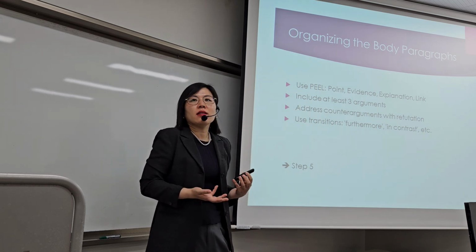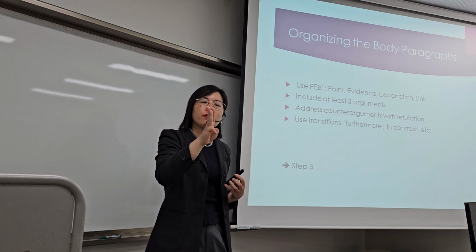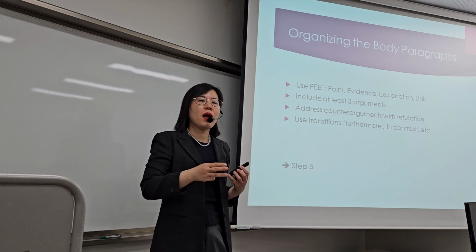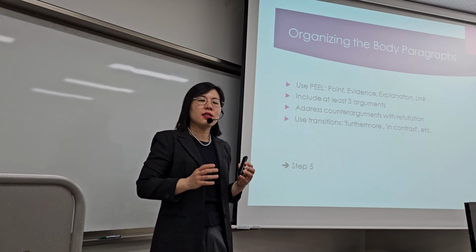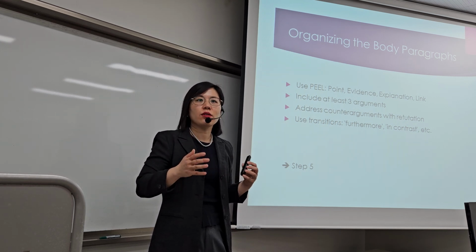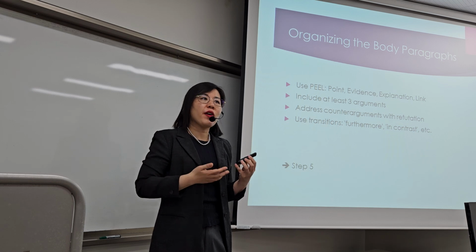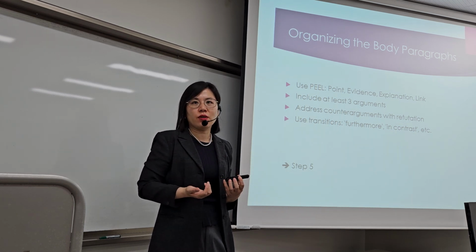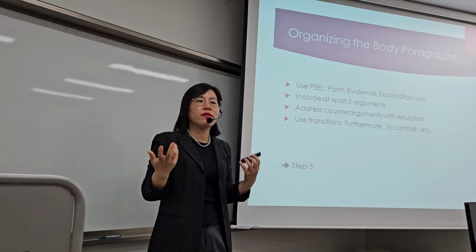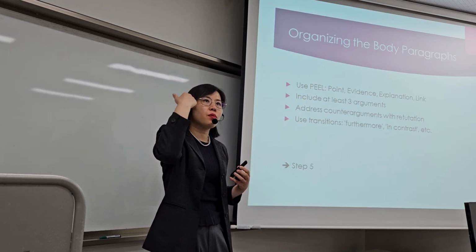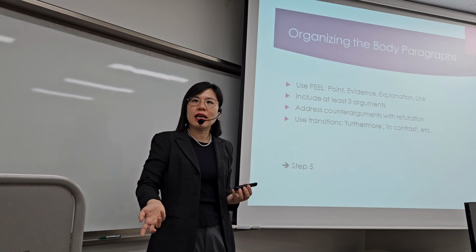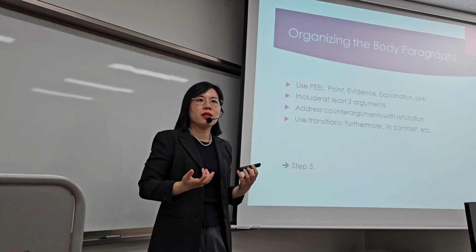And then you can have at least 2 or 3 arguments. That means you have 2 or 3 paragraphs in your body, but make sure that you include the counter argument, because it's very important to have a balanced view. You've actually considered the opposing points of view, and their arguments and evidence, and afterwards you still think your argument is better.